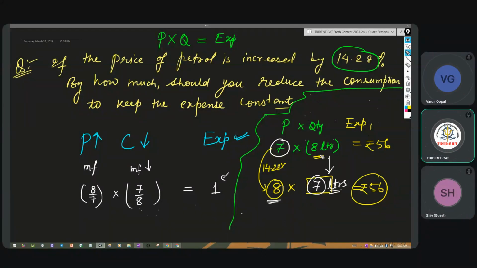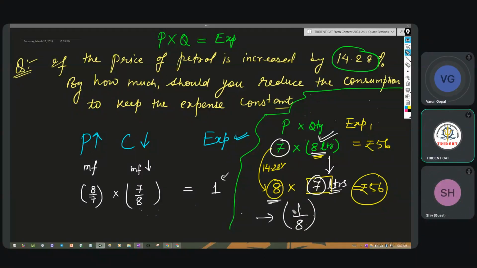Shiv, from 8 liters I'm reducing to 7 liters. How much am I reducing? Sorry, I'm reducing 1 on 8, because my original quantity was 8. So I'm reducing from 8, I'm going to 7, so I'm reducing 1 on 8.